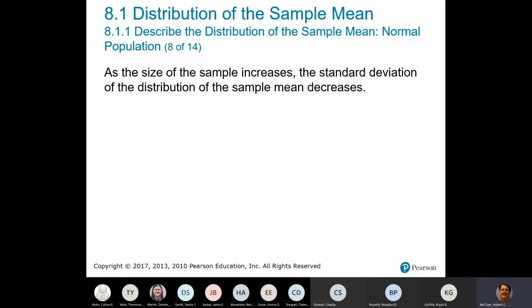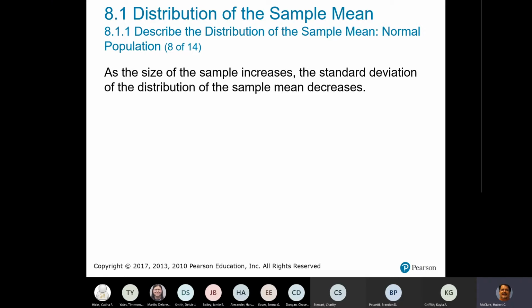Okay, you might want to write this down. As the size of the sample increases, the standard deviation of the distribution of the sample mean decreases. And that goes with the law of large numbers that I taught you back in Unit 1.